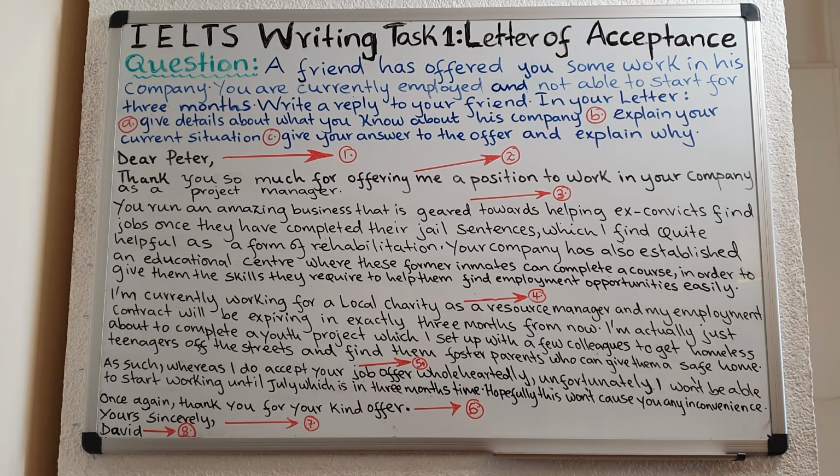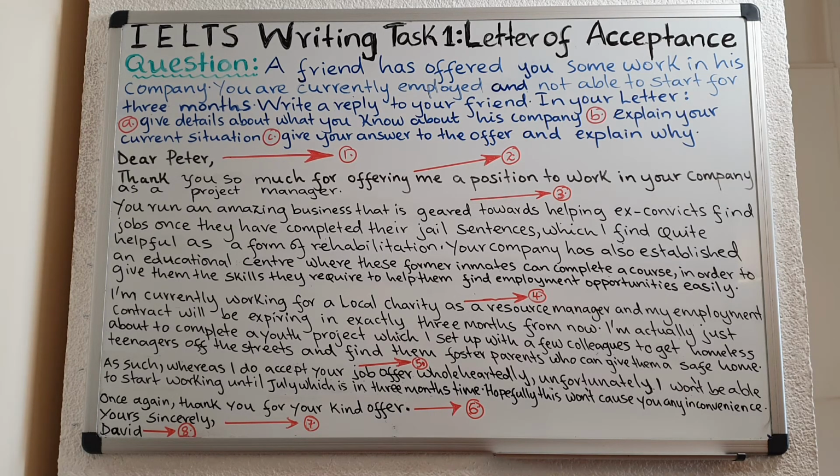So in the previous paragraph, I explained that my employment contract will be expiring in exactly 3 months from now. So because of that, that's why I began the fifth paragraph with as such. As such means because of the reasons I have explained in the previous paragraph.